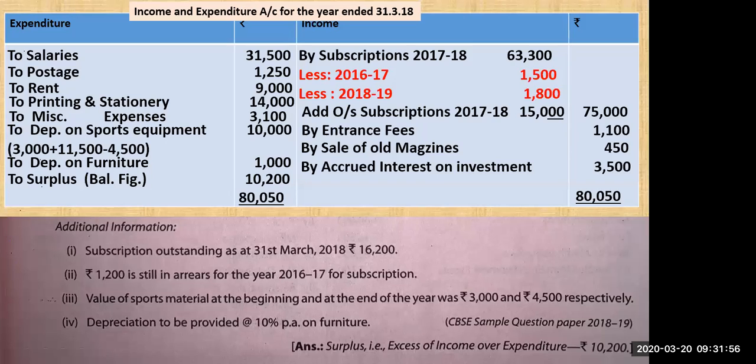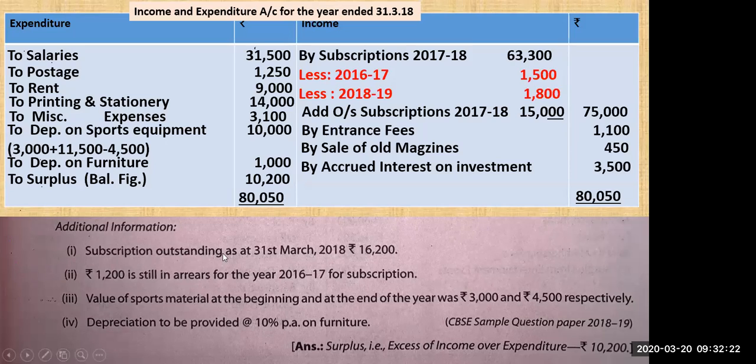Okay sir. Why? Because it is given subscription outstanding, and look at the language. Subscription outstanding as at 31st March 2018, 16,200. It means it includes all the subscription outstanding. Is it clear?